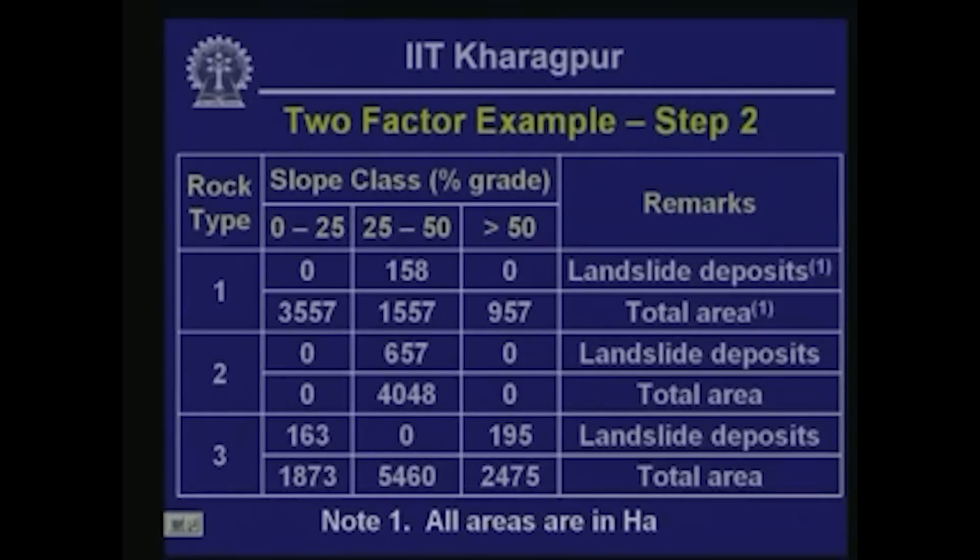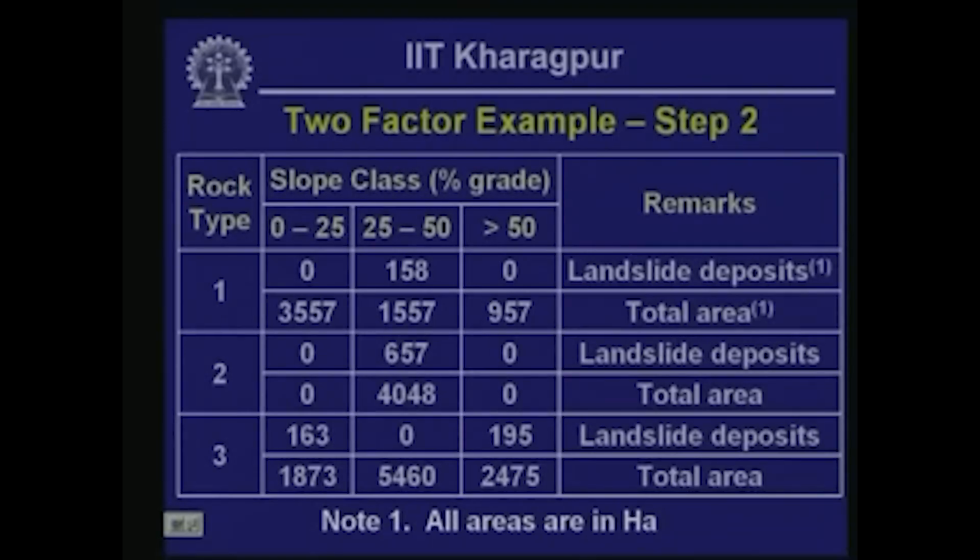For instance, if we consider rock type 1 for slope class 0 to 25%, by 25% what I mean is that if you move horizontally by 100 meters, then the vertical drop is going to be 25%.